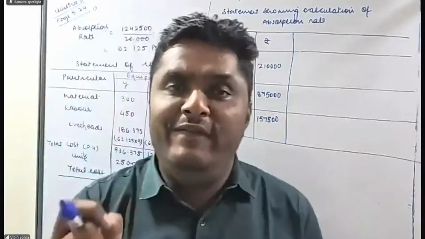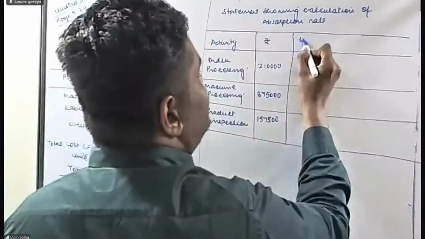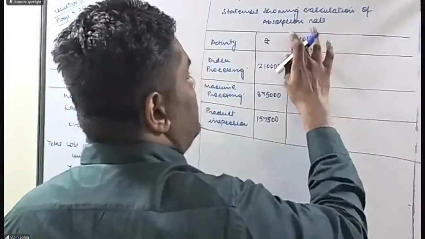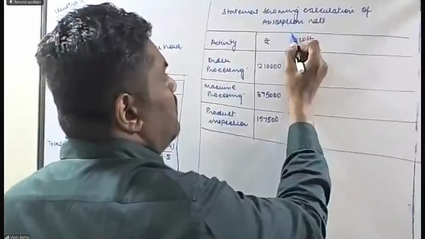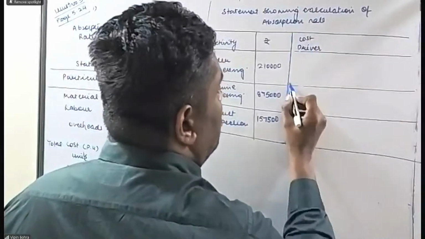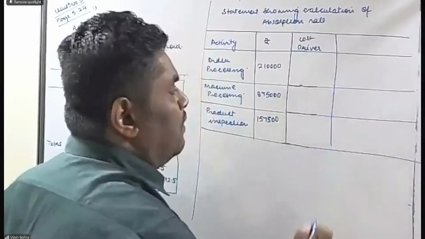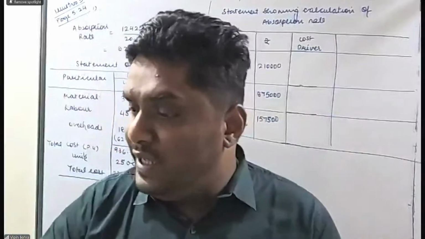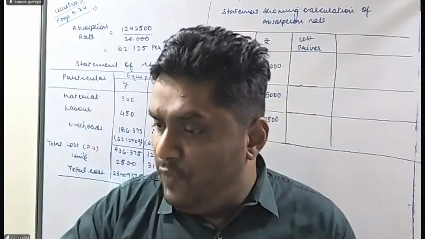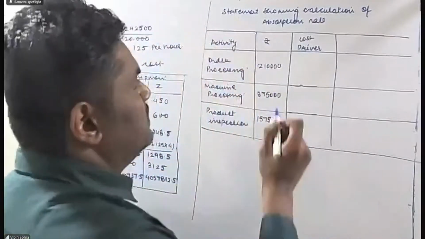As I said, for every activity, there will be a separate basis of absorption. We call it the cost driver of that activity. When talking about the cost driver, see again, it is given straight away in the question. That is, for order processing, it is dependent upon the number of orders processed.